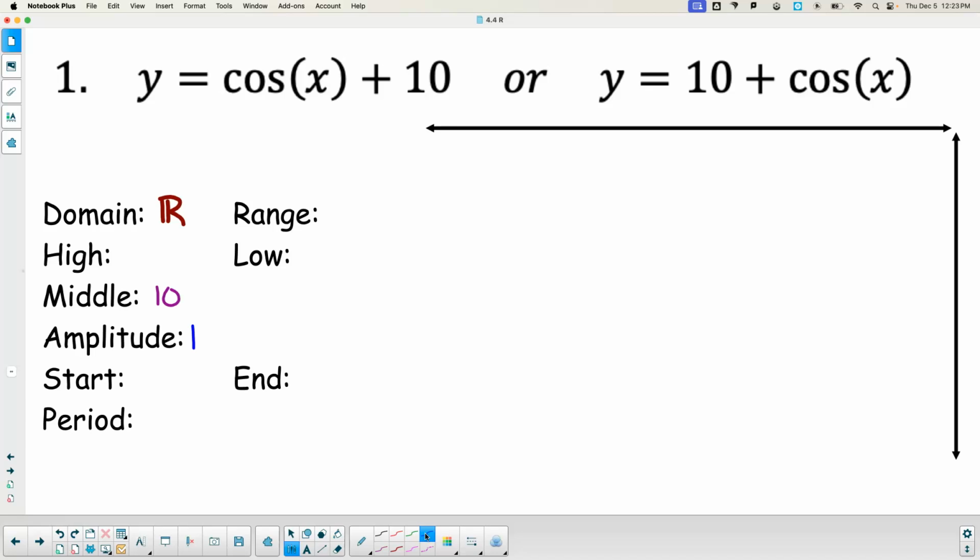So what would the high point be? 11. Amplitude minus gets you to the low point, which would be what? 9. Those aren't going to be the same numbers anymore unless your middle is at 0.